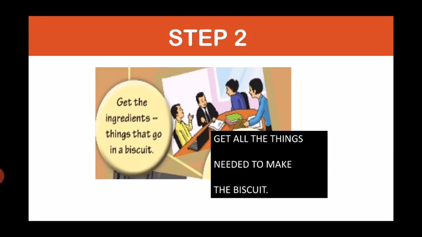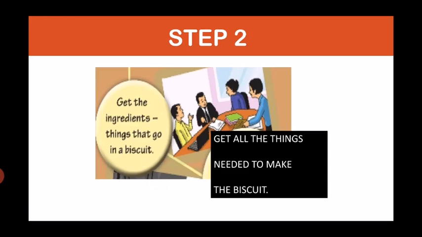Now children, can you tell me what will be the ingredients when you're making nimbu pani at home? What are the things that you will use to make nimbu pani? Lemon, water and sugar. So I hope you understood the meaning of ingredients. Ingredients are all the things that are required to make a food dish.